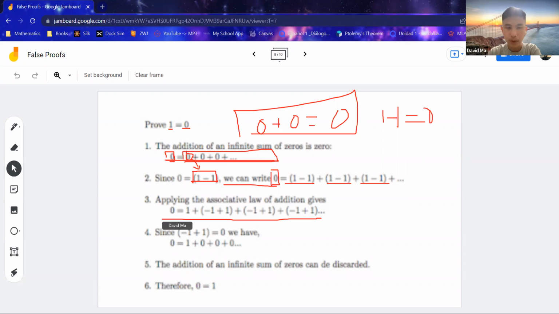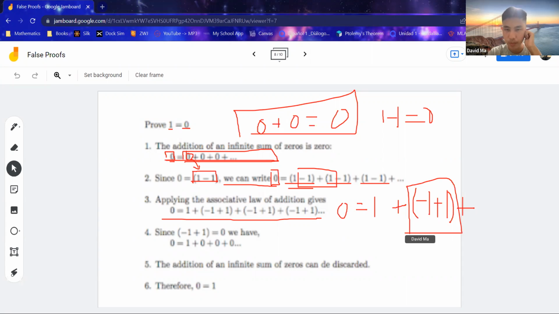So if we rewrite this thing, we take the 1 from the first pair and we take that out. We have 0 equals 1 plus -1 plus 1, and then plus -1 plus 1.